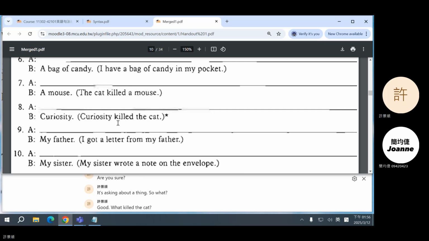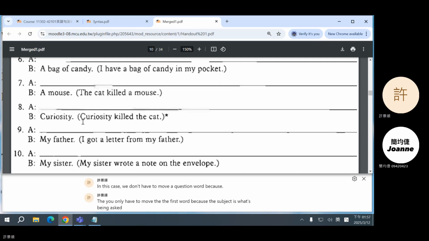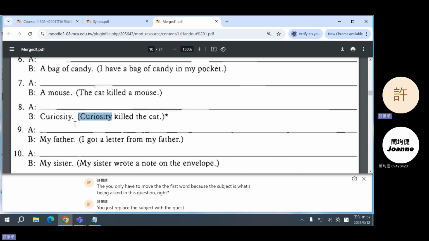In this case, we don't have to move a question word, because the subject is what's being asked in this question, right? You just replace the subject with the question word, and you would have the correct structure of the sentence.